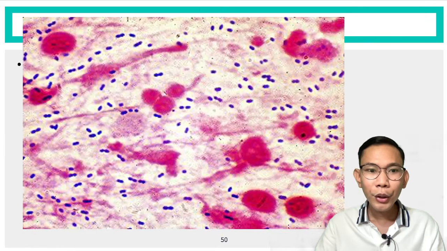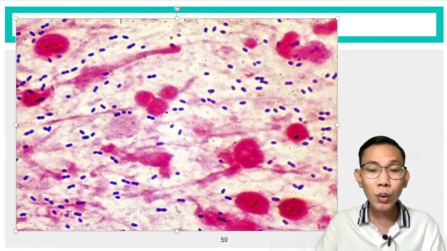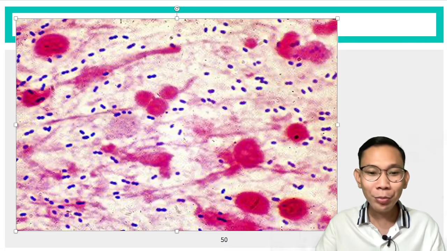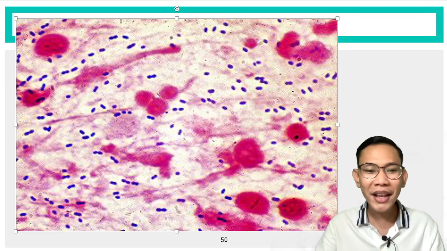Tingnan nyo, as what you can see, it occurs as a pair, right? Two bacterial cells occur as a pair joined together. So, that's your diplococci, joined together. So, what are the examples of this?